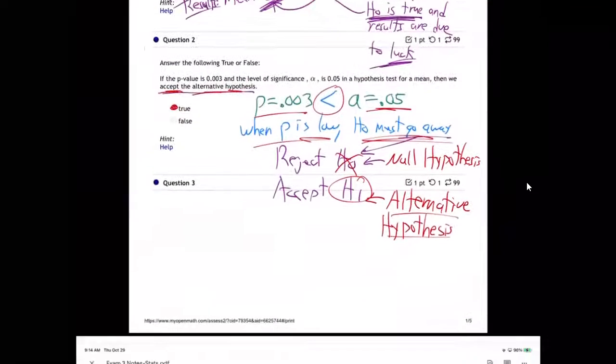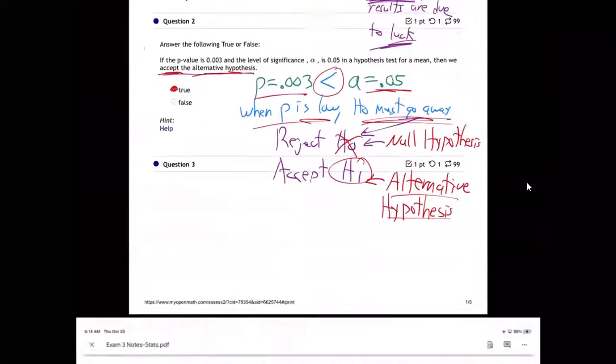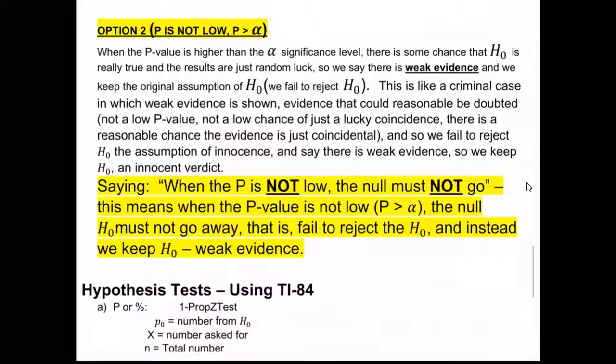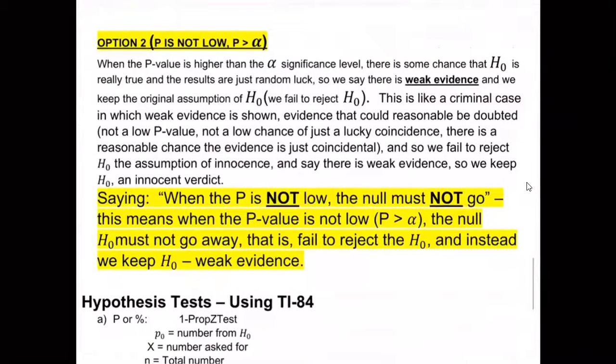Does that make sense? And then the other option is option 2. When the P is not low, it's greater. So when the P is not low, the null must not go. This is the new updated notes. I highlighted it to make it really clear for you, because this is the heartbeat of our hypothesis test. When the P is not low, the null must not go.